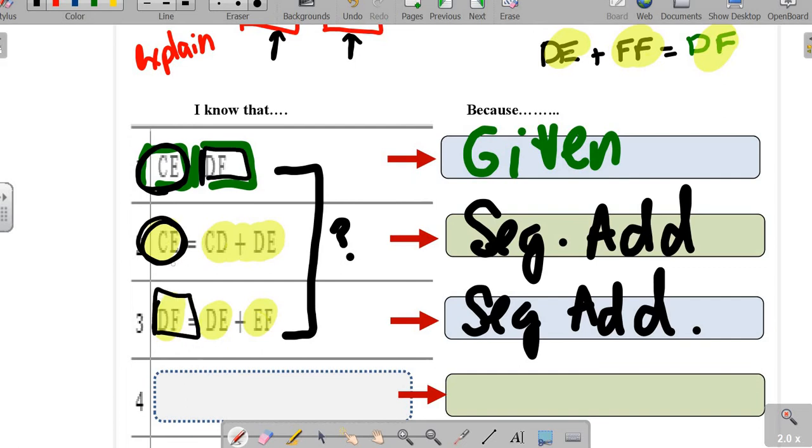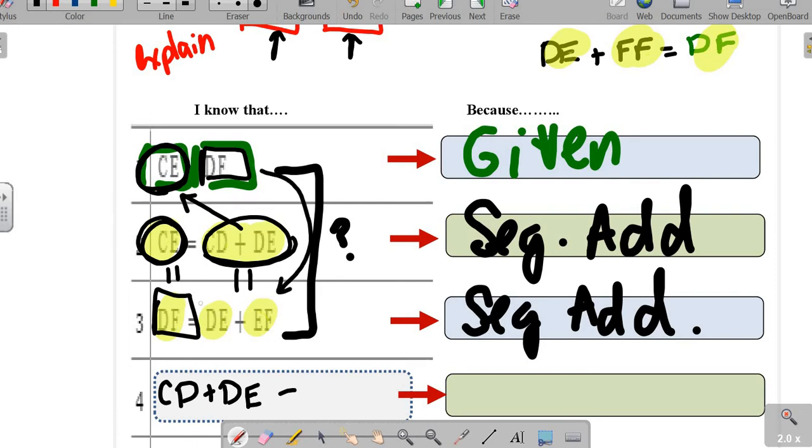Because these are equal, these expressions are also equal. So we're going to replace CE with that expression right down here, and you'll see why in just a moment. And we're going to replace DF with this, and you'll see why in just a moment.